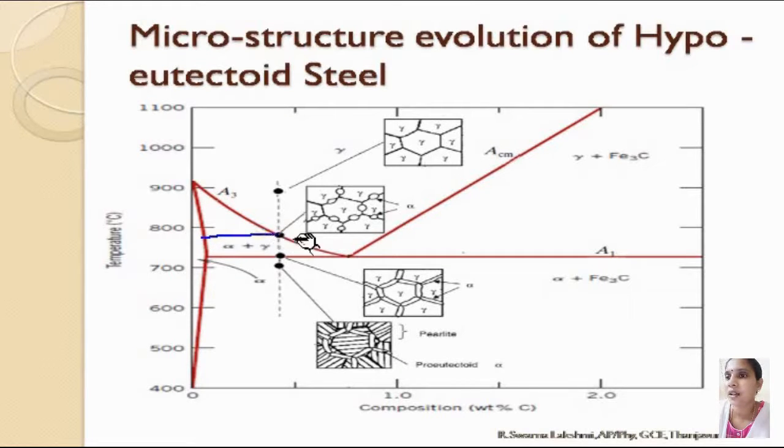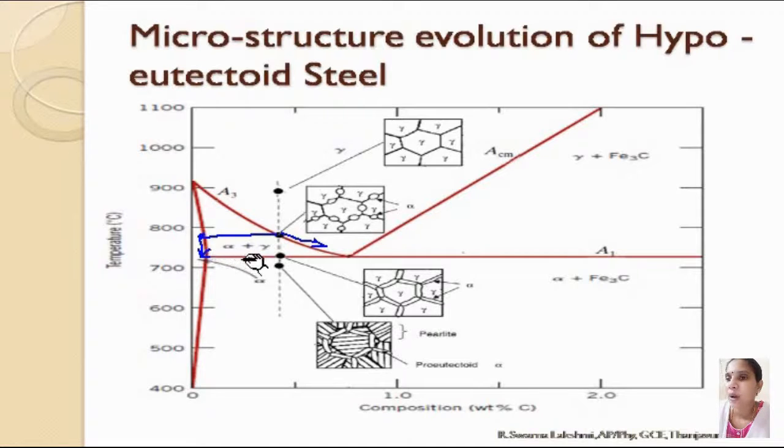A horizontal line is constructed and there is the C alpha, that is the composition of alpha phase, which evolves along this boundary, whereas the composition of austenite phase evolves along the A3 line.